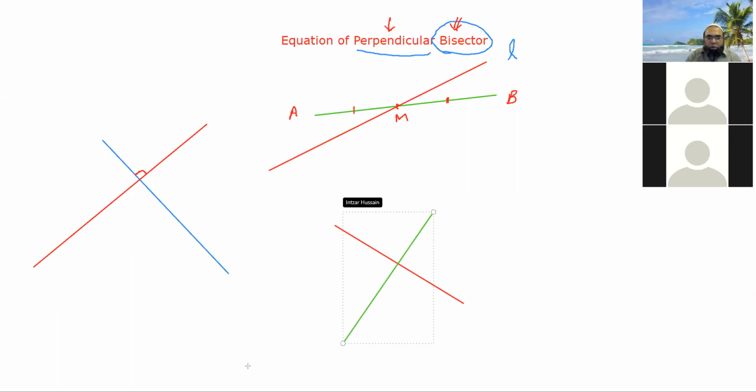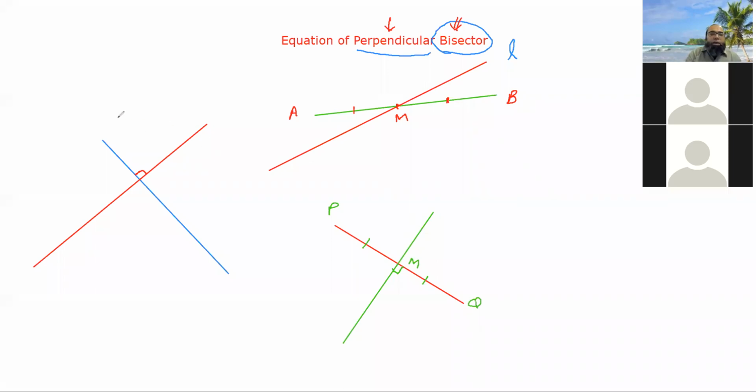Okay. So now suppose this is the point P, this is the point Q, here is the midpoint M, and this is bisected, and there is a right angle. Now this green line can be declared as a perpendicular bisector of this PQ. Am I right? Yes, sir.